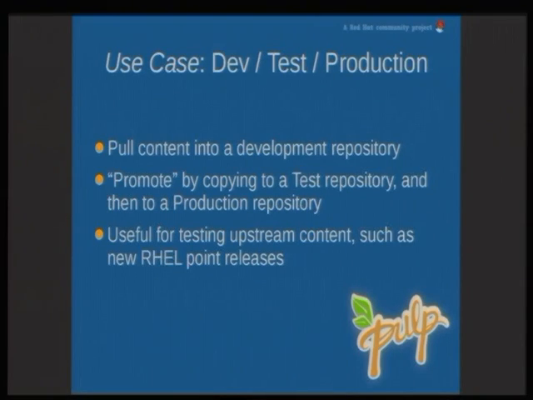So when you manage the content, you want to be sure that you do not screw up, and by mistake provide the testing repo as a production one. So Pulp basically ensures that this will not happen. And it's very useful for testing upstream repos like new Red Hat point releases.